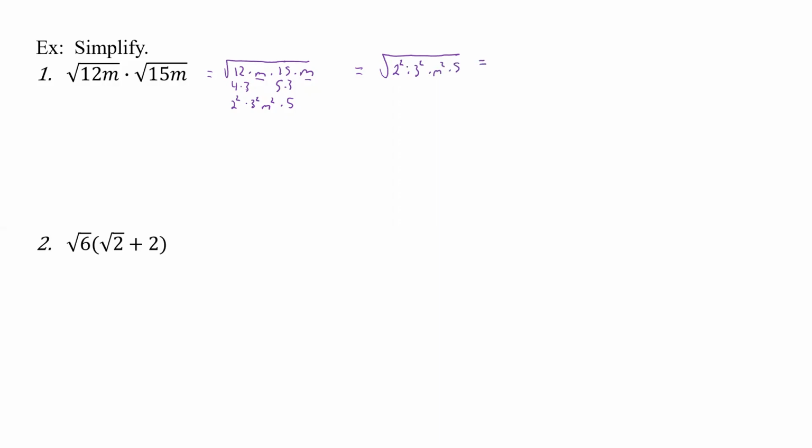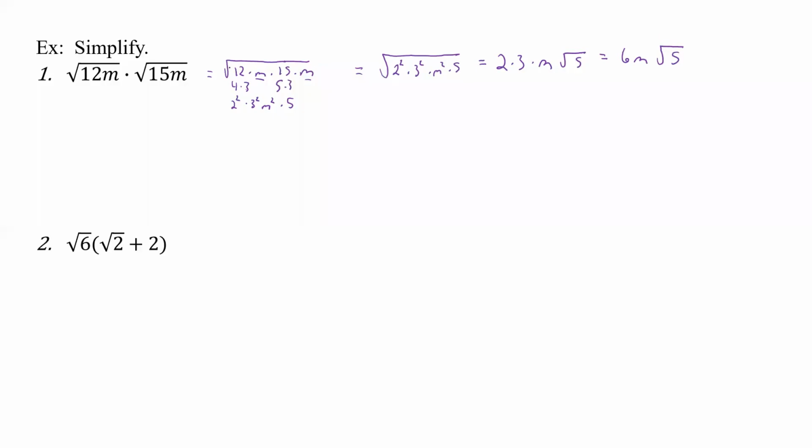The square root of 2 squared gives us 2. The square root of 3 squared is 3. The square root of m squared is m. And the square root of 5 is just the square root of 5, because we can't reduce or simplify it. So 2 times 3 is 6m, and then the square root of 5.